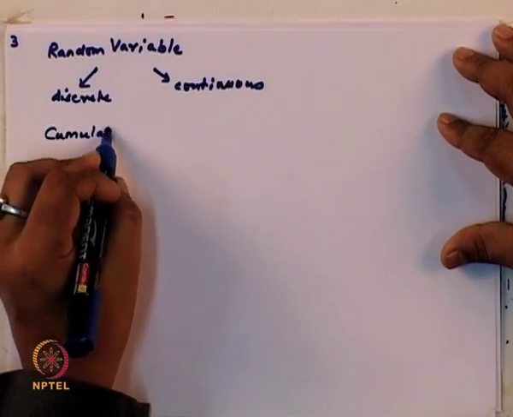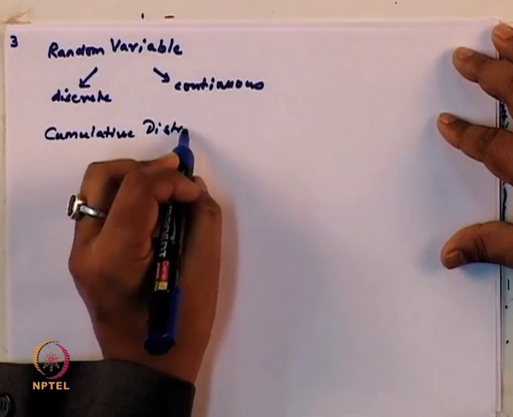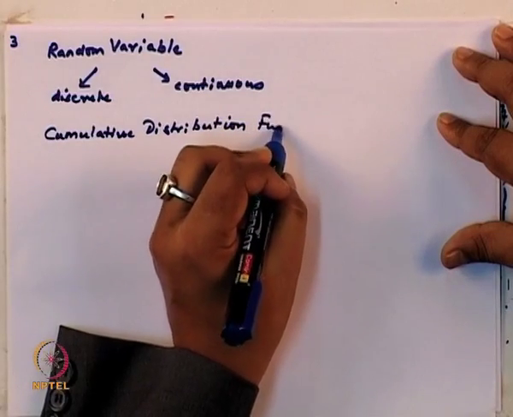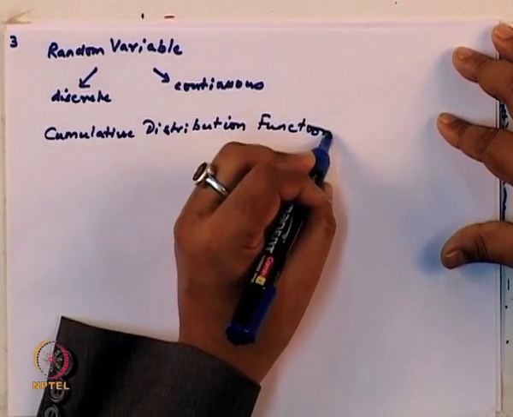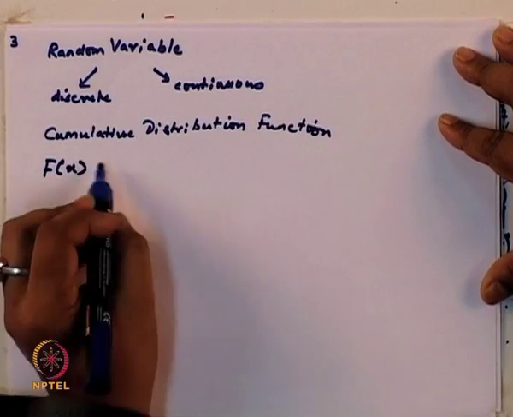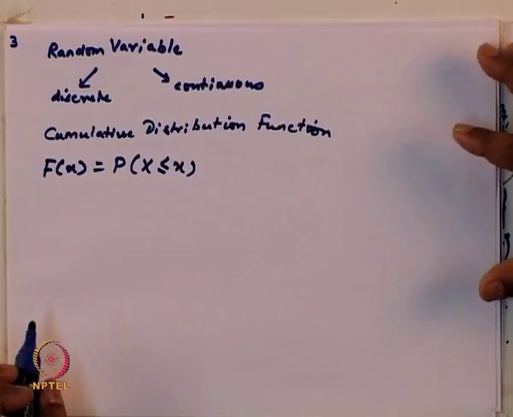Okay. So, we can define something called the cumulative distribution function. This is typically represented as F of x, and this is defined by probability of X less than or equal to x. Okay.